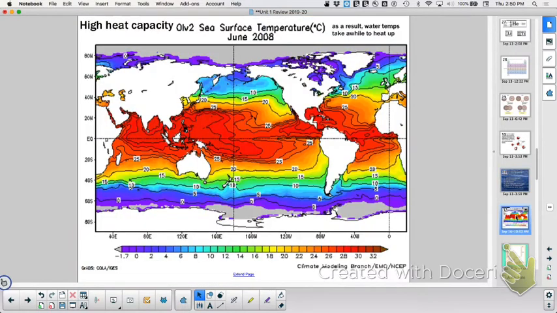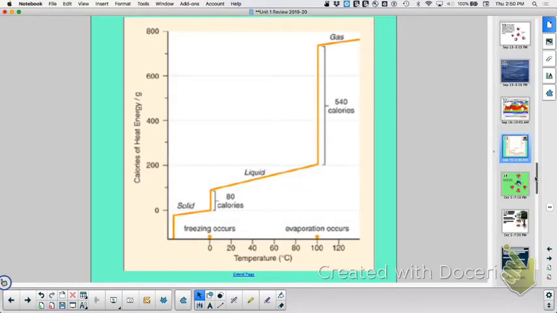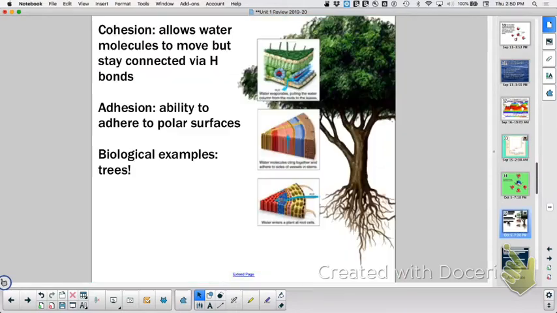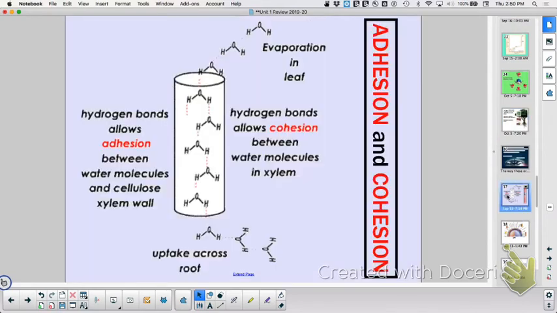We said things like high heat capacity, high heat of vaporization, that allows the planet to be cooled. We talked about adhesion and cohesion and the biological benefit of water moving up trees. So you could review that.